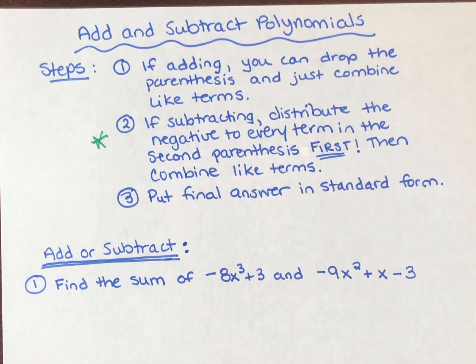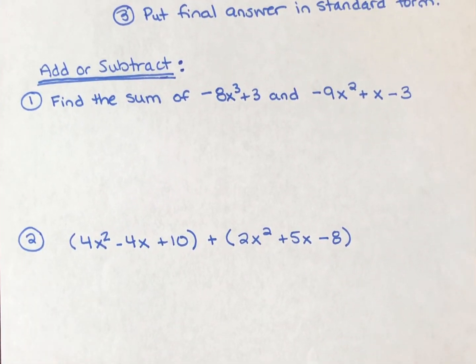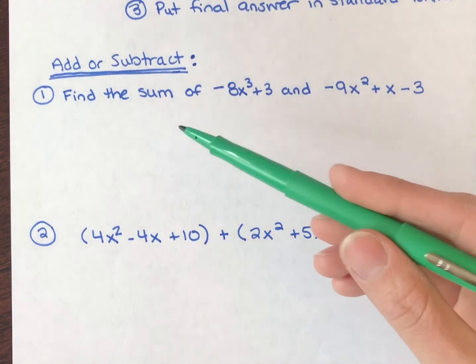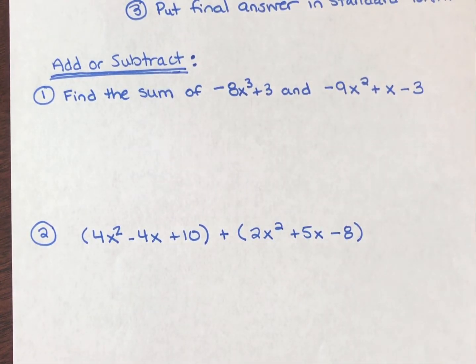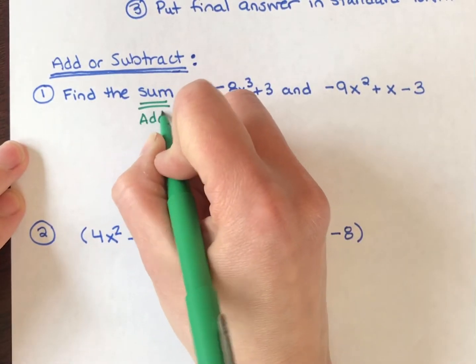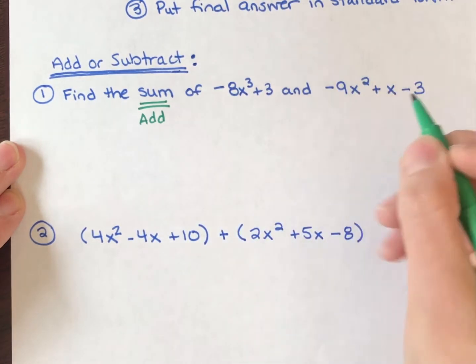These are some of the problems you could see in your Delta Math practice. In number 1, they might just ask you to find the sum of negative 8x to the third plus 3 and negative 9x to the second plus x minus 3. Well, the word sum means add. So really what you're asked to do is add this polynomial to this one.